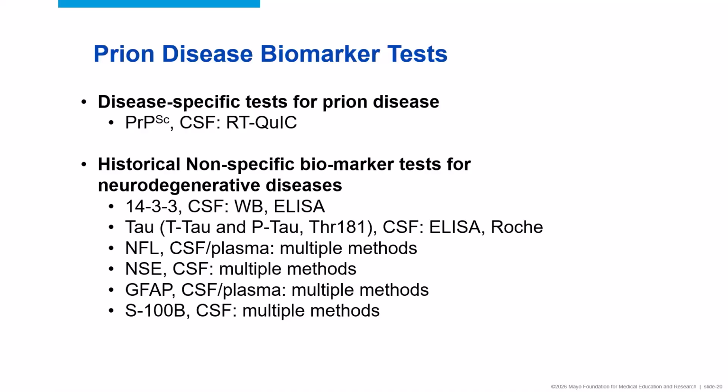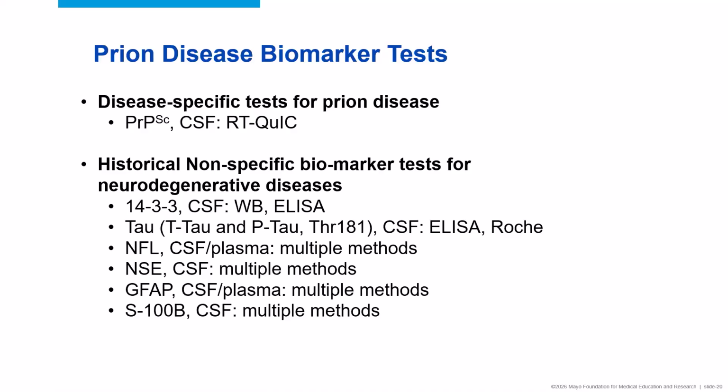When we talk about ruling out prion disease itself, there's really only a single disease-specific test for prion disease, and that is the RT-QuIC assay in CSF, looking for the scrapie form of the prion protein containing what we call seeding capacity. We'll talk more about that in a little bit. Historically, there has also been use of what we call non-specific biomarker tests for neurodegenerative diseases.